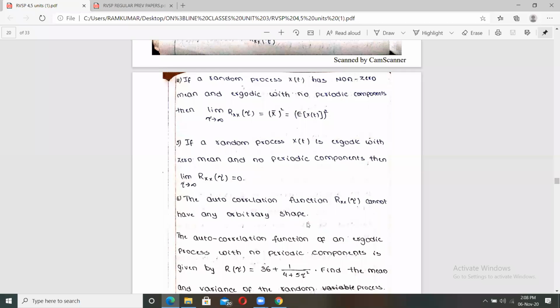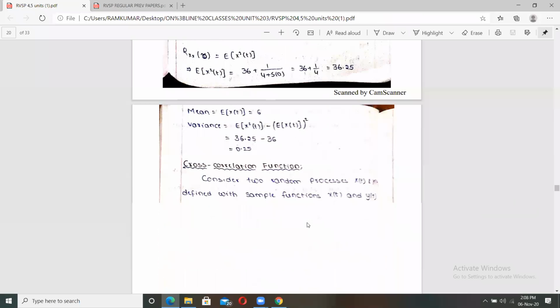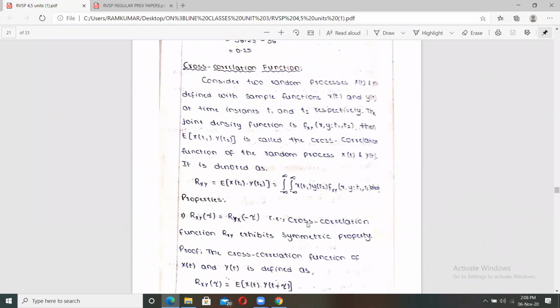Problems are likely to be asked about this property also. Next, cross correlation function and its properties.